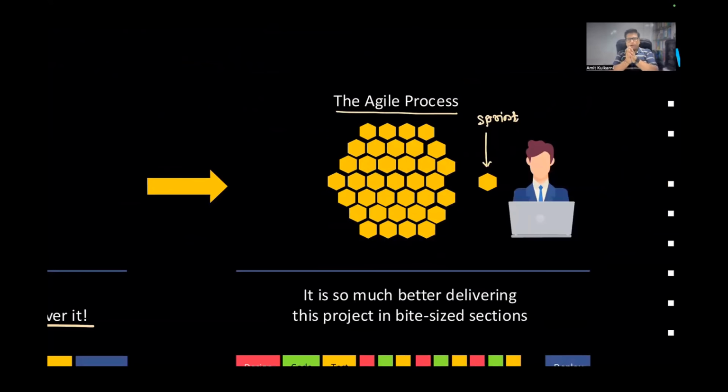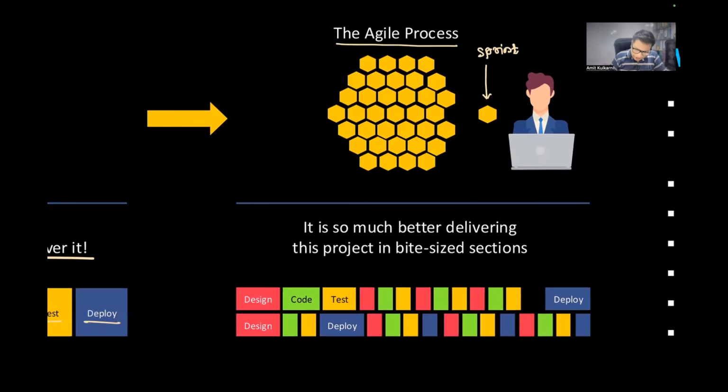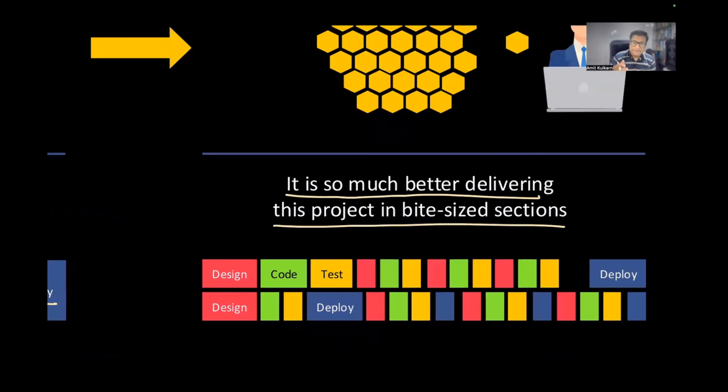So instead of working on the whole project, you divide it into small pieces, small chunks, small sprints, and start developing them. It is so much better delivering this project in bite-sized sections. Bite-sized section means a small sprint that you are going to work on, a small set of requirements. This is what it recommends.